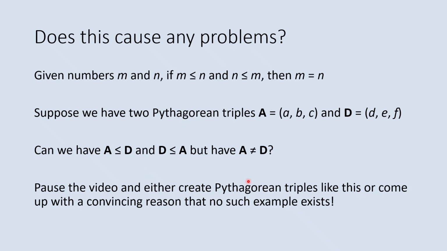Either create a pair of triples like this, where they're not the same, but this less than or equal to idea that we've created still holds, or come up with a convincing reason that there is no such example, that these Pythagorean triples work just like numbers.